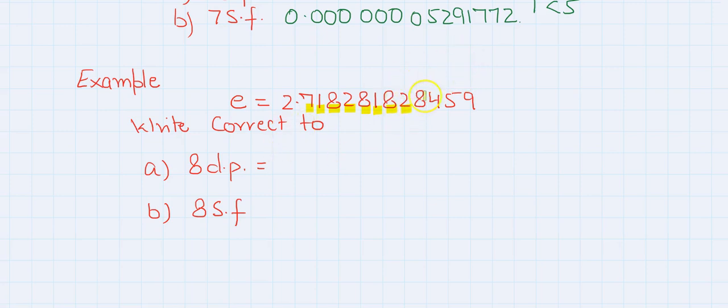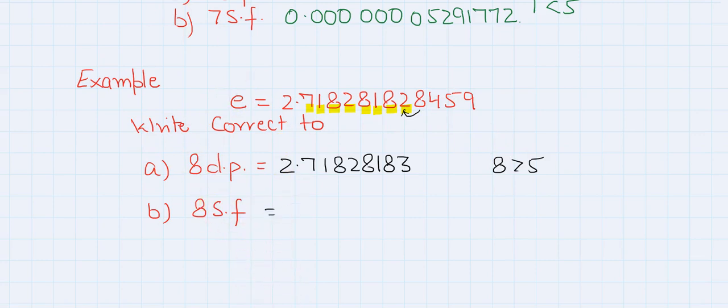The 8th number is 2 and the number after this is 8. 8 is greater than 5, so when you have a number greater than 5, you increase the value of the previous number. So it's going to be 2.71828183, and instead of 2 we write 3, because the next number is greater than 5.